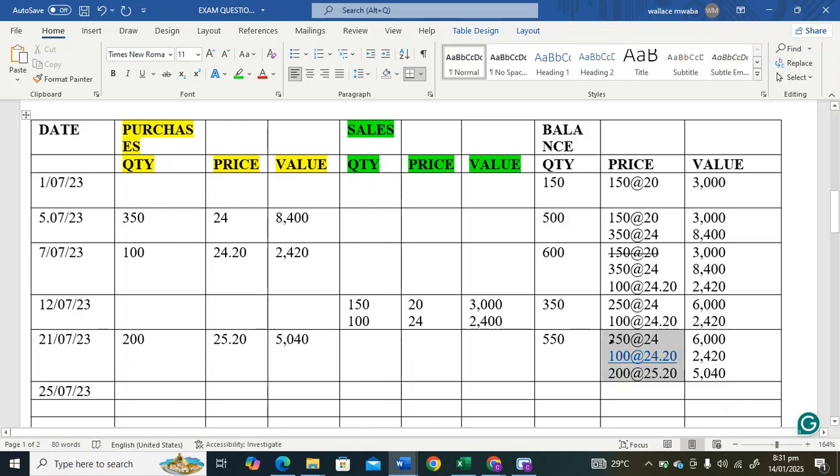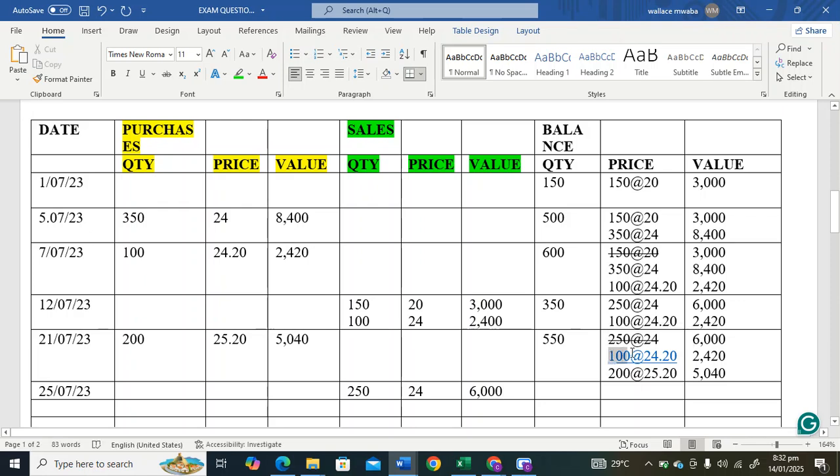We'll start with these 250 goods at 24 kwacha. We get rid of them first. So we're going to say 250 at 24 kwacha. So 350 minus 250, we've got a remainder of 100 goods.